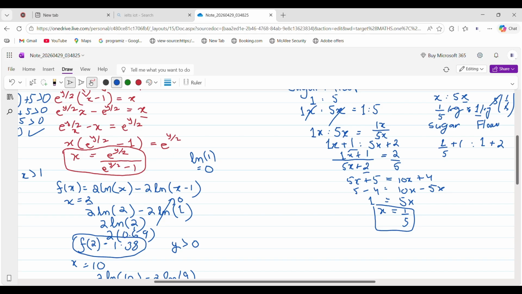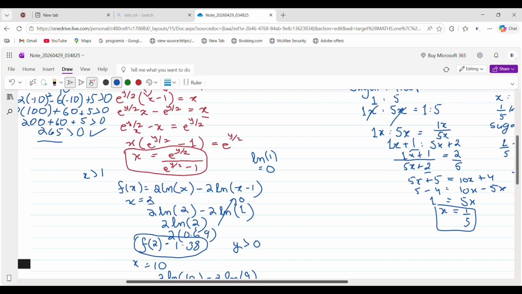Now let's see, 1/5 plus 1, here we don't have anything, which means 1 multiplied by 5. If denominator is multiplied by 5, then numerator must be multiplied by 5. In the denominator we got 5. 1 plus 1/5 is 5, ratio 3. 1 plus 5 is 6/5, ratio 3.